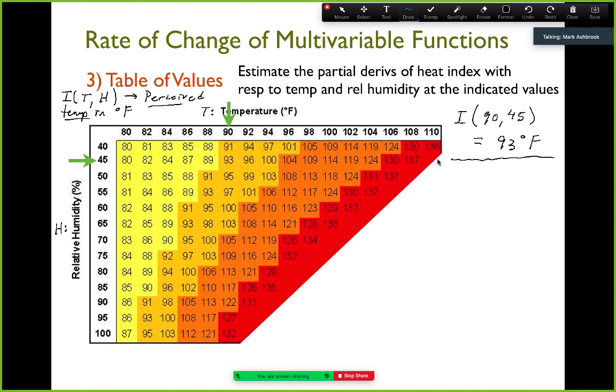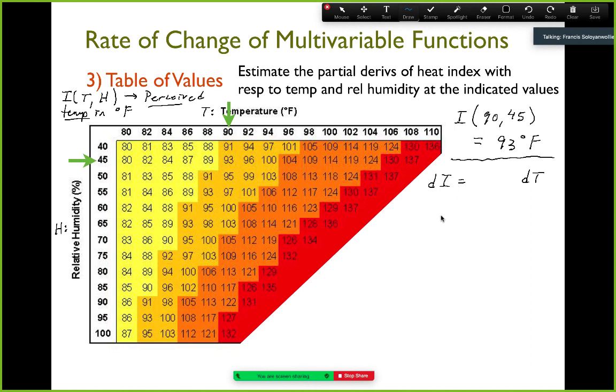We said that changes in index could be found two ways. How could we find a change in index for a given change in temperature? What would we need to find the change in index?